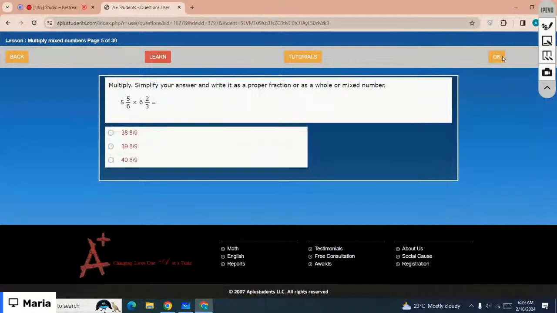So which is the correct option? 6 times 5 is 30 and plus 5 is 35 over 6. 3 times 1 is 3 and 2 more is 5 over 3, right?